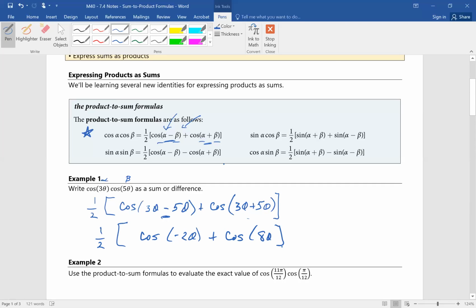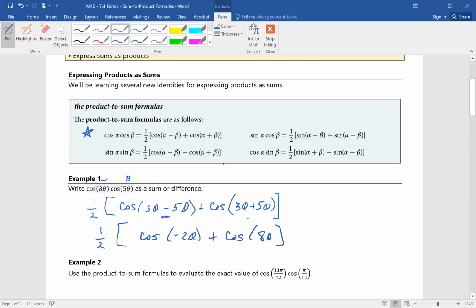There's nothing else to do because I don't know what theta is, and I don't have a triangle or anything to reference it with. Don't know what quadrant I'm in, and so forth. So just as far as straight up translating from one formula to the other side, as long as you can pick the right formula to start with, that's kind of the key to the whole thing.